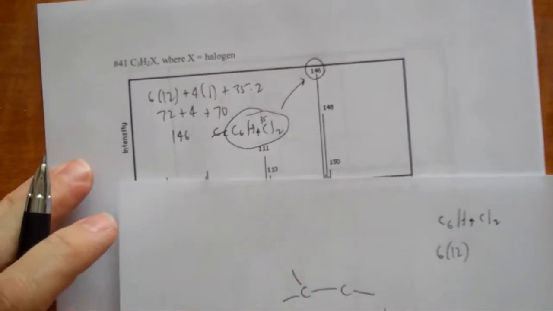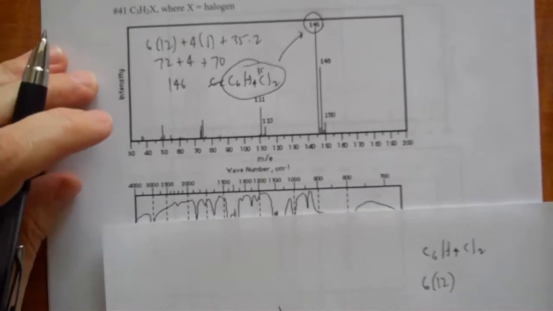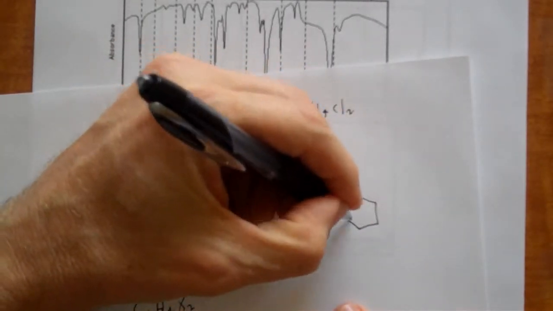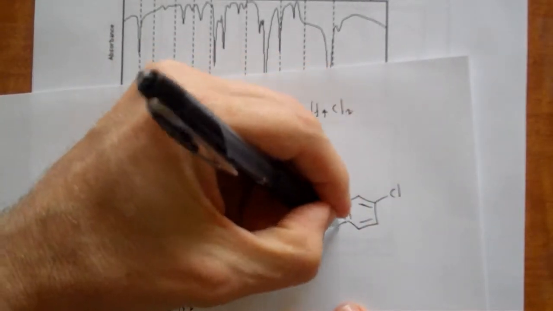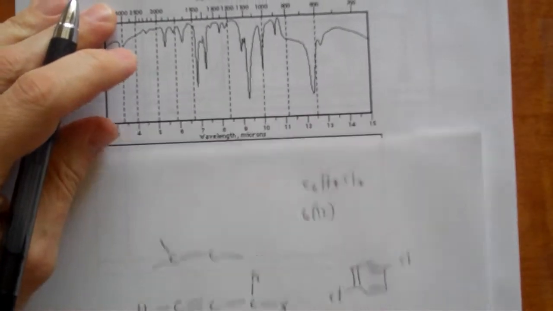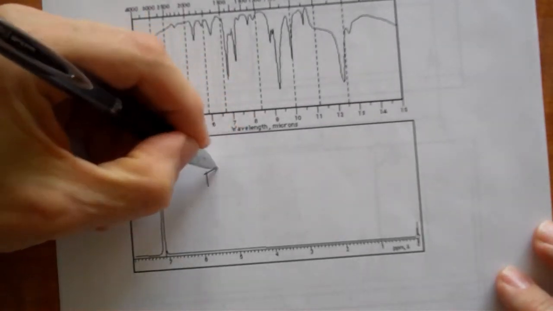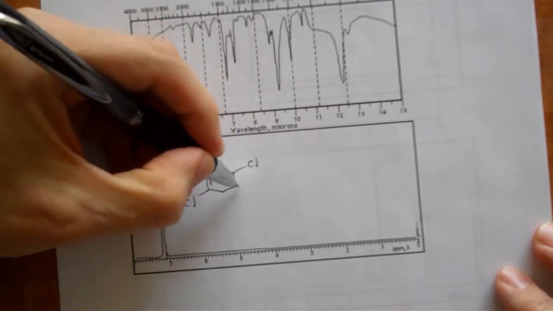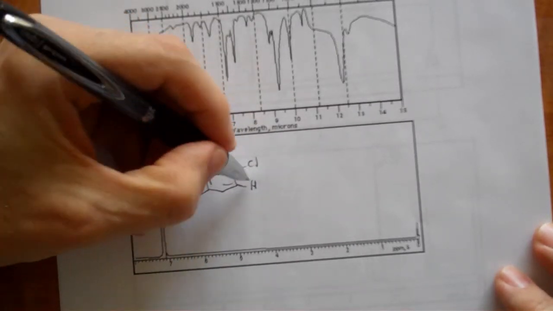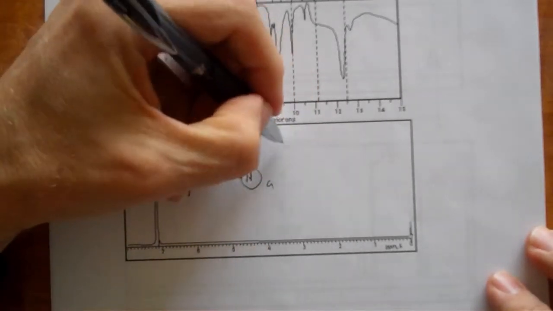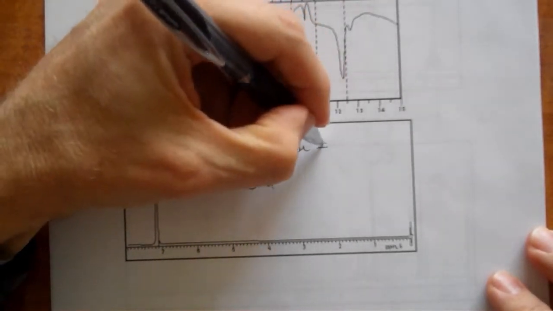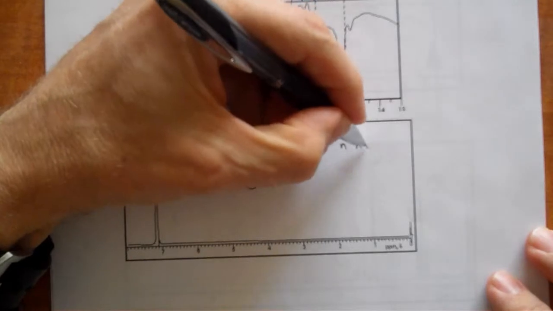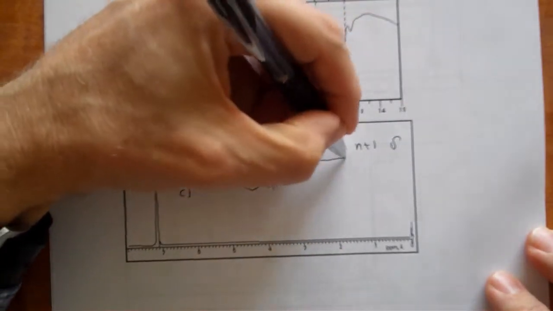Alright? Now that we have that, it's a quick jump off now. If it's a benzene ring and they're all the same, there's only one way to do that. Right? Do you agree that all these hydrogens are exactly the same? Okay, so I'm going to call that A. Type, number, N plus 1, and shift.